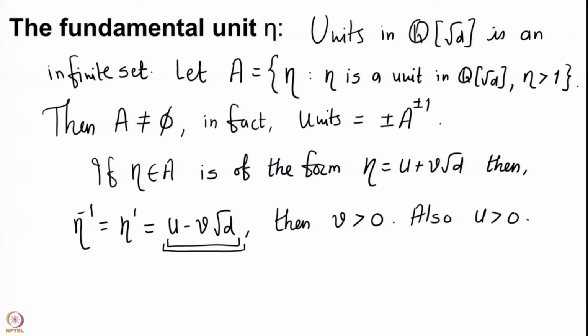Can you have u equal to 0? What we could have here is that u is bigger than or equal to 0. If you have u equal to 0, your unit looks like v root d, and the norm would be plus minus 1, which tells you that minus d v square is plus minus 1.